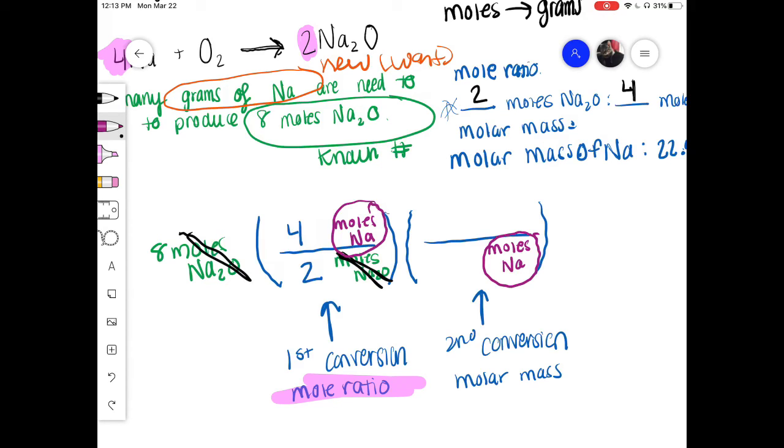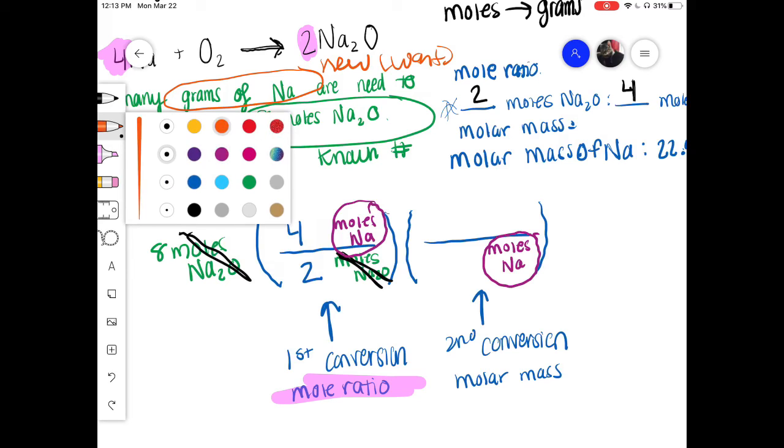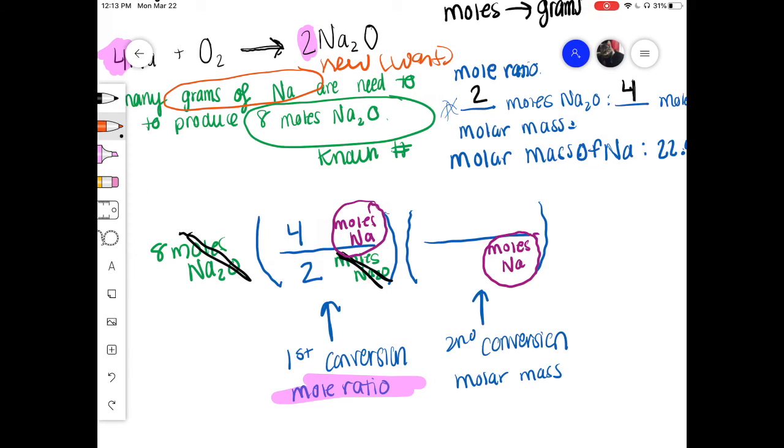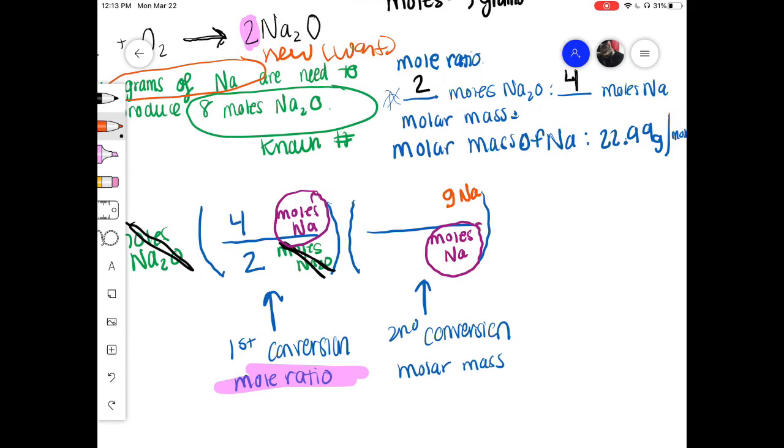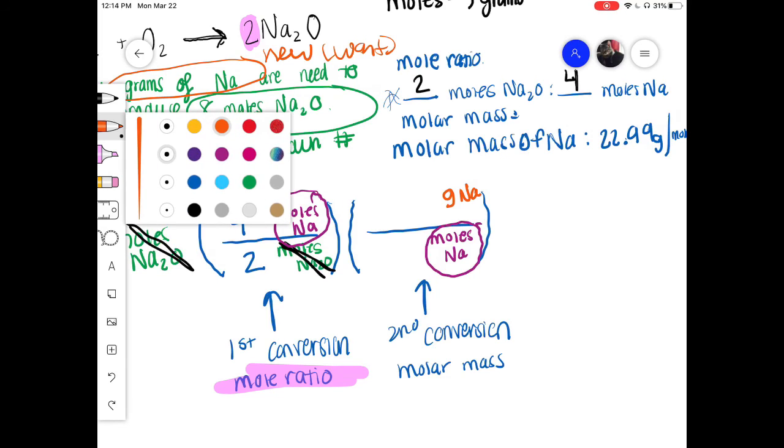We know that our new unit, what we want, is grams of Na, and because we can convert from moles of Na to grams of Na through our molar mass, we're going to go ahead and put grams of Na up at the top. Now we can go ahead and put the numbers for our molar mass conversion in that spot.